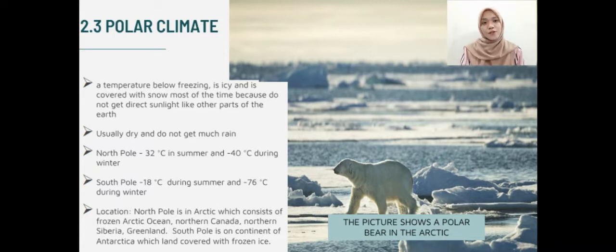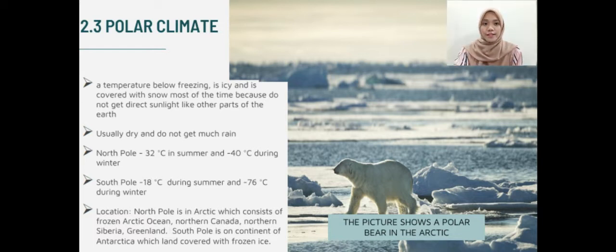By the way, during winter, the North Pole temperature will be around -40 degrees Celsius, while for the South Pole, the temperature will plunge to -76 degrees Celsius. Climate change has caused an increase in the temperature of polar climate, which has resulted in more ice melting there.